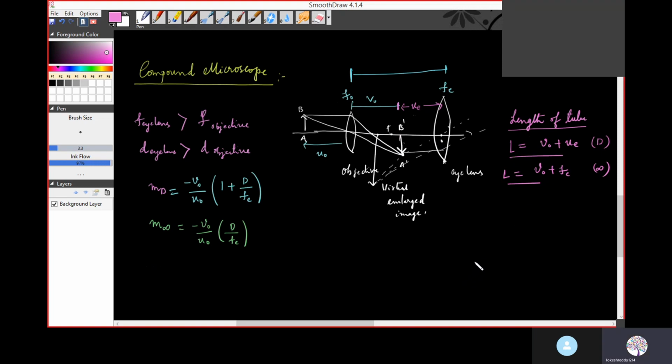That is the length of the tube. Okay, now the magnification. The total magnification M is equal to, what is the magnification? If somebody asks you, then you have to always say magnification of the objective lens into magnification of the eye lens.